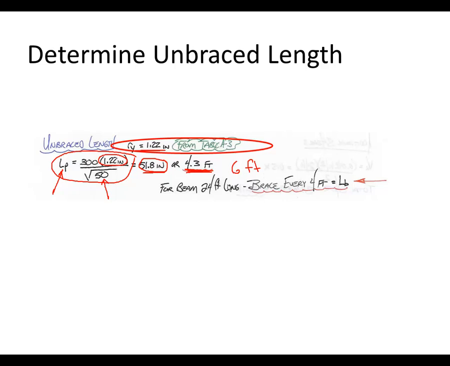And so the final thing that I show on this problem is we need spacing of at least 4.3 feet. Let's use a practical spacing. If this beam is 24 feet long, I'm going to brace it every 4 feet. And we'll call that right there the length of my bracing. That is the final step in this problem.